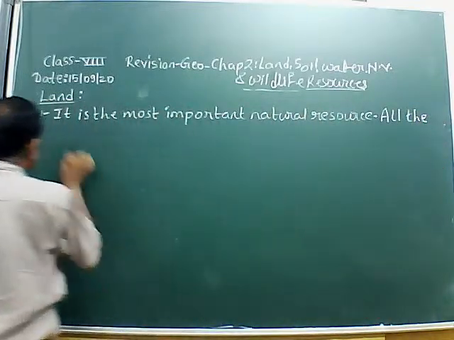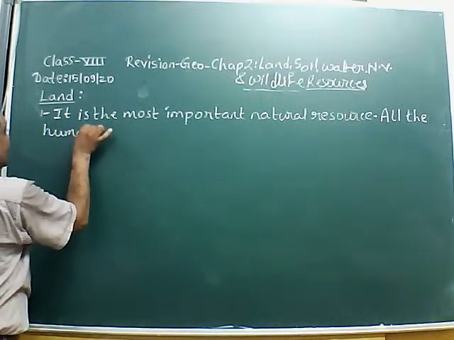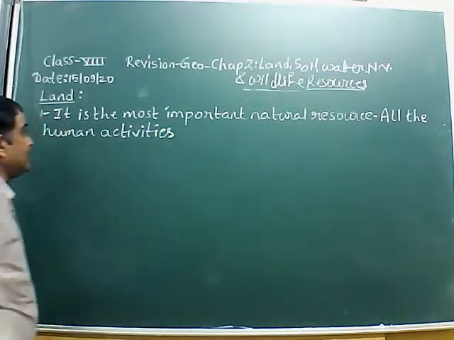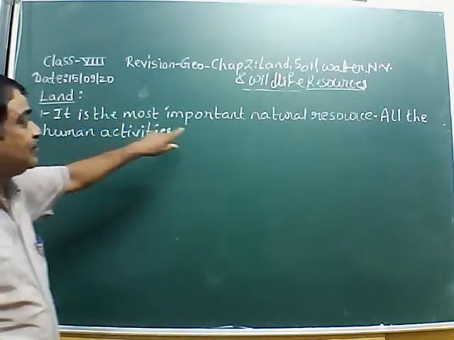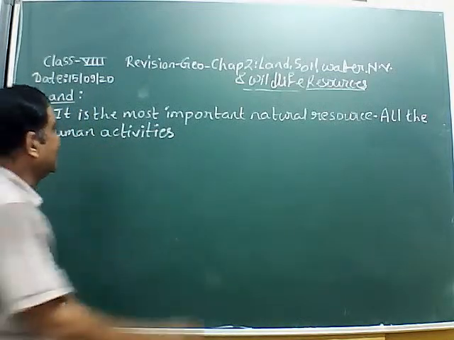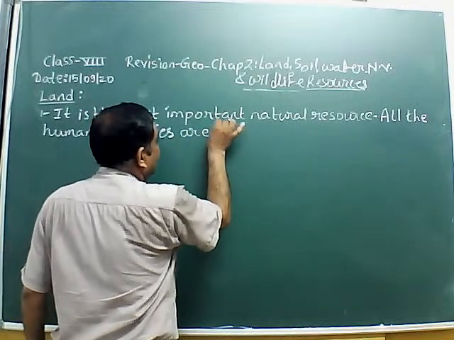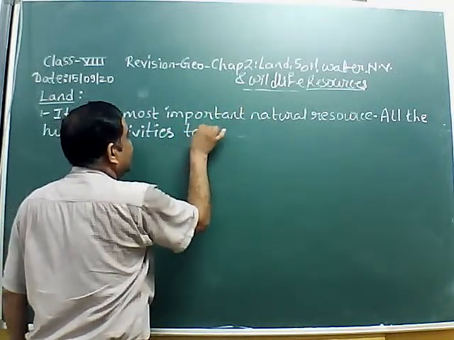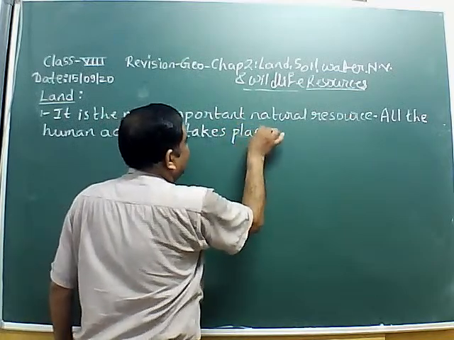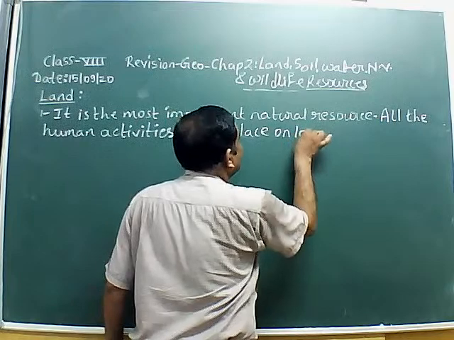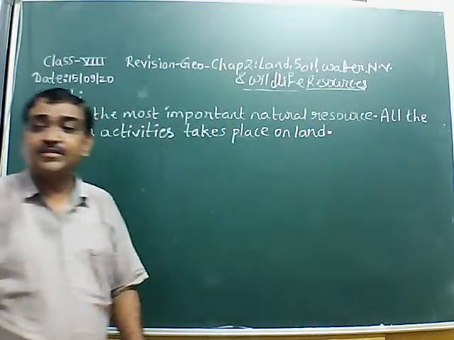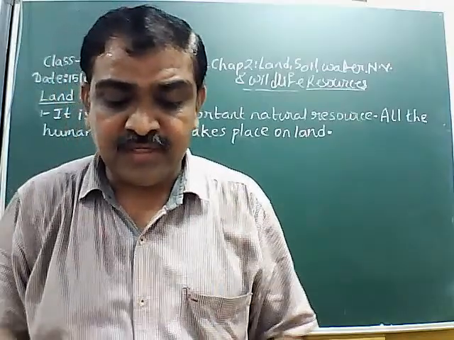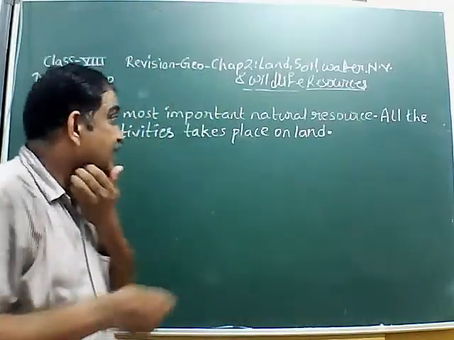All the human activities take place on land. ओके, जितनी भी ह्यूमन एक्टिविटीज हैं, इंसान के सारे काम काज क्रियाकलाप सब किसके ऊपर होते हैं? लैंड के ऊपर.